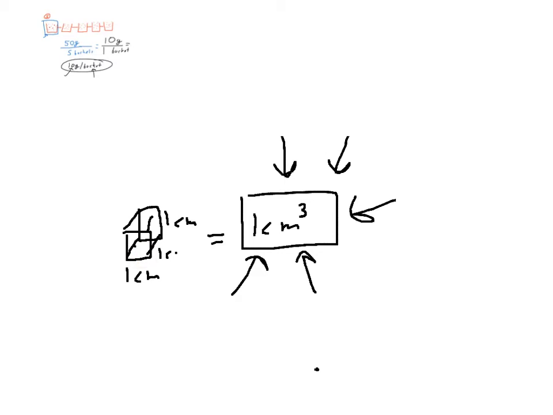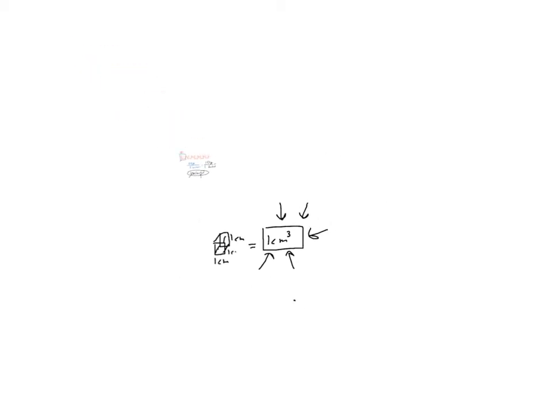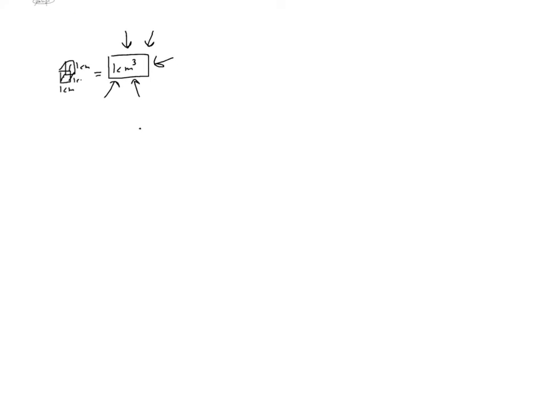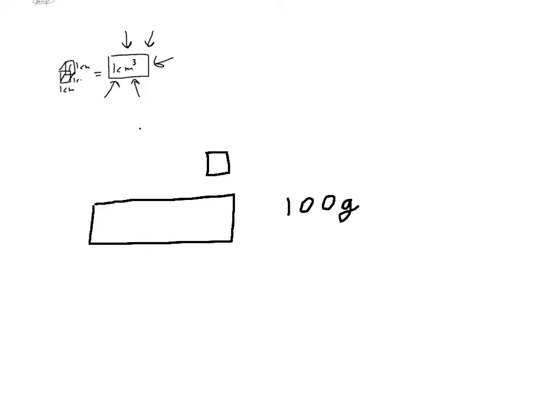So, for example, let's say we had an object and we put it on a balance and the object had a mass of 100 grams. Well, to compare density, we need to know how many grams it would be if it was just a centimeter cubed.